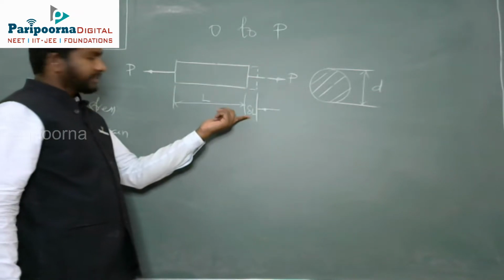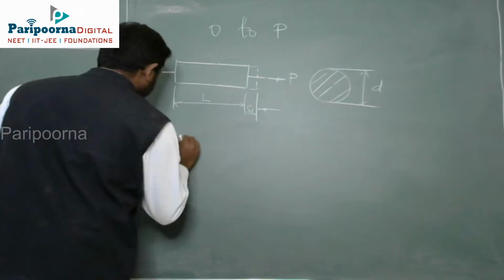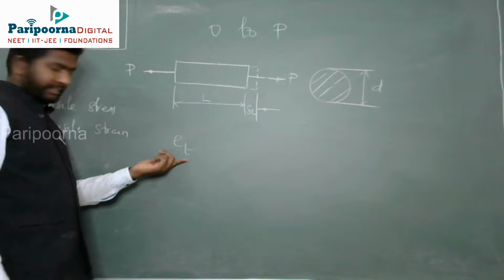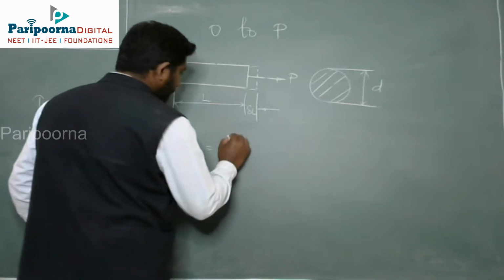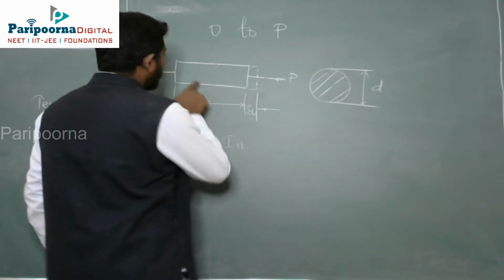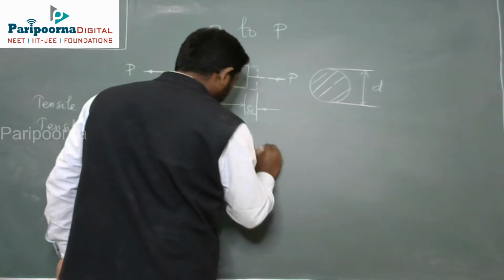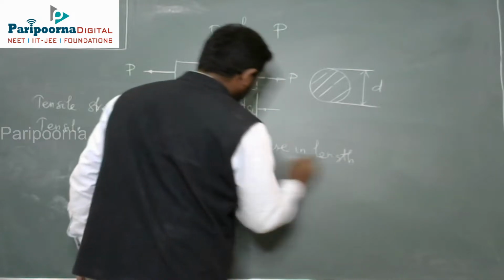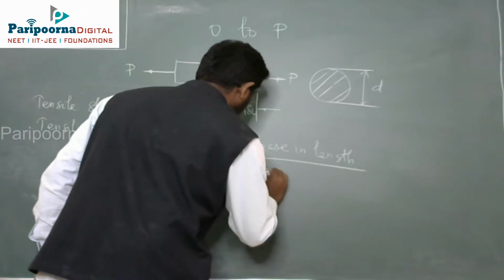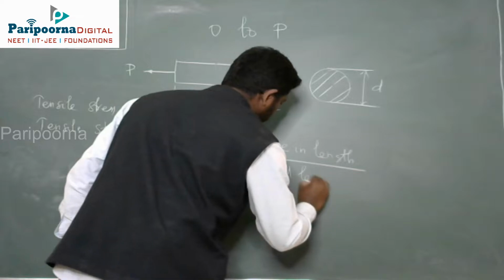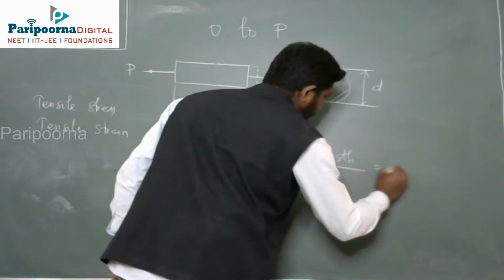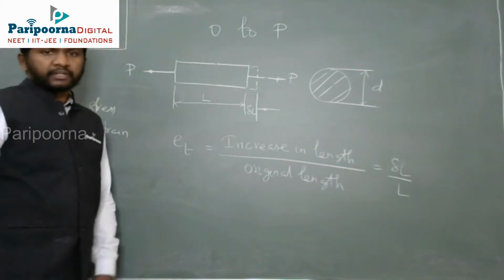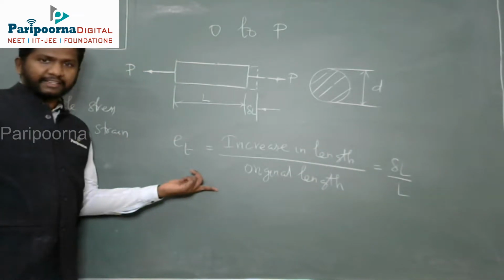The increase in length is del L. So the tensile strain, the notation is e subscript T, is the increase in length because of the tensile load over the original length, which is del L over L. So it has no dimension.